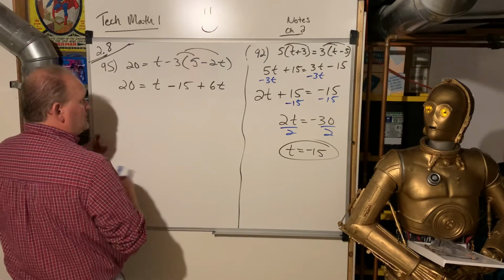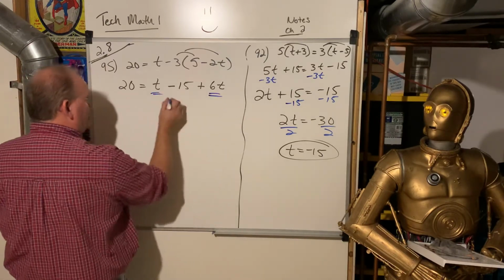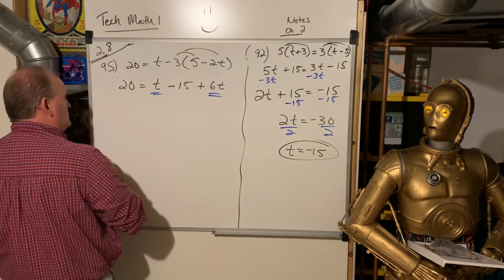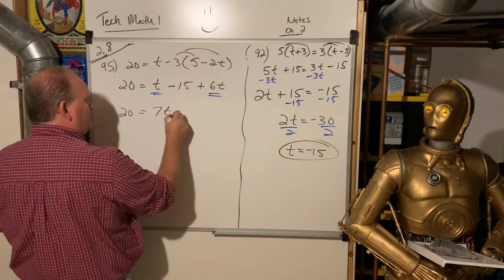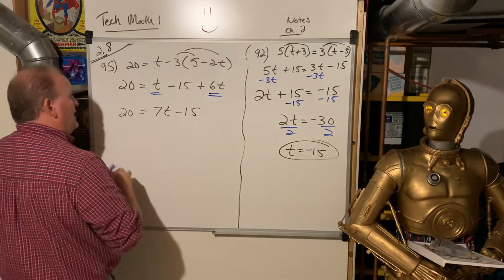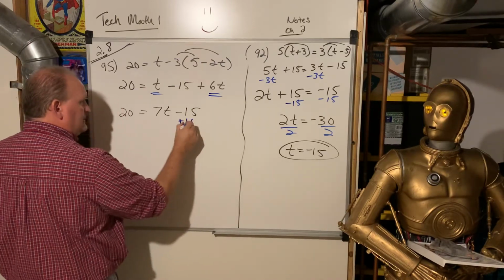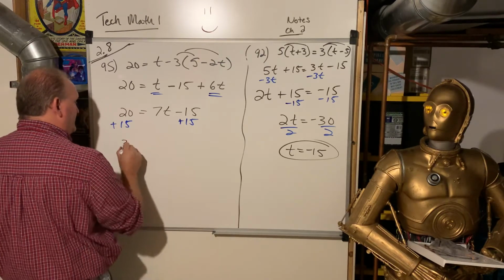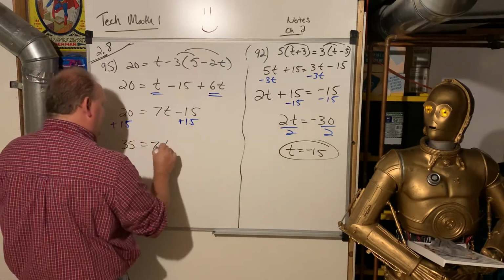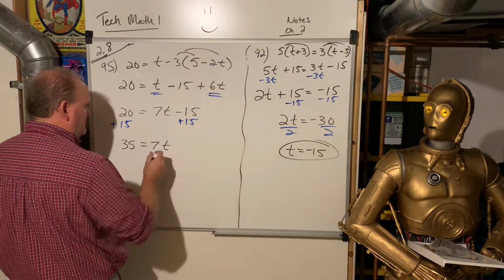Combine like terms, so we're going to clean up the right side here a little bit. So 20 is equal to 7t minus 15. Add 15 to both sides. So 35 is equal to 7t, and then divide by 7.